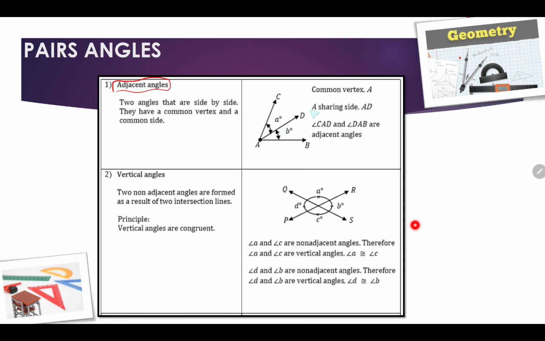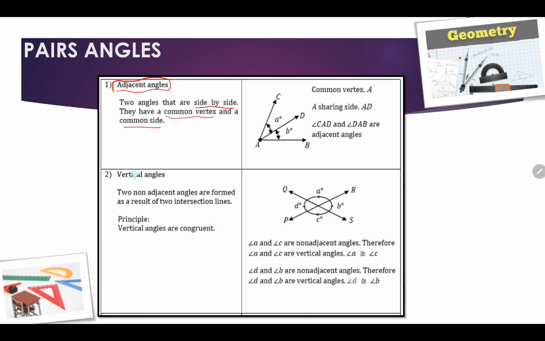So we can say that angle CAD and angle DAB are adjacent angles. The condition is that they must be side by side, and have a common vertex and a common side. They are not necessarily equal.